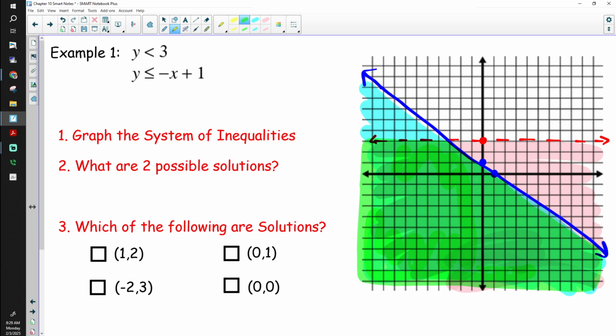Okay, so graph the system of inequalities. Perfect. Number 2. All I need you to do is find 2 possible solutions. So find 2 points on your graph that are in the double shaded region where your 2 colors overlap.